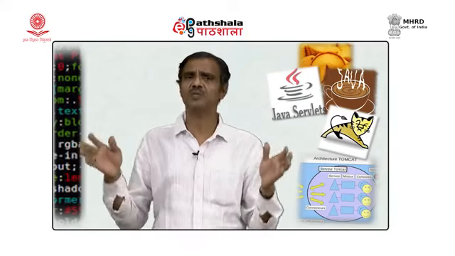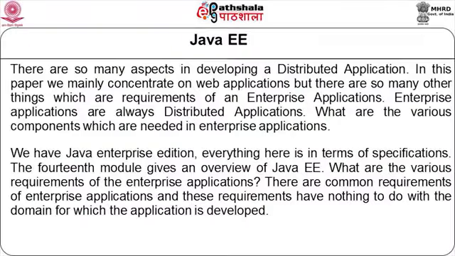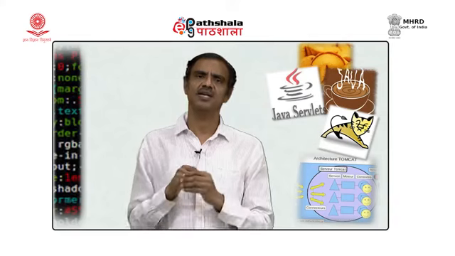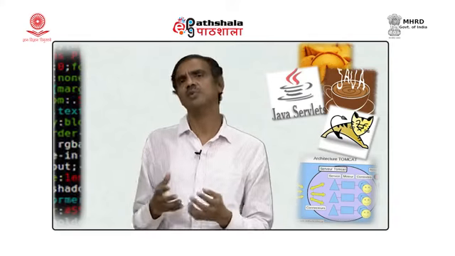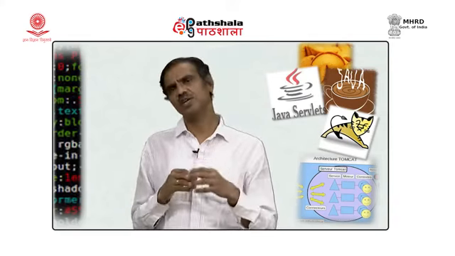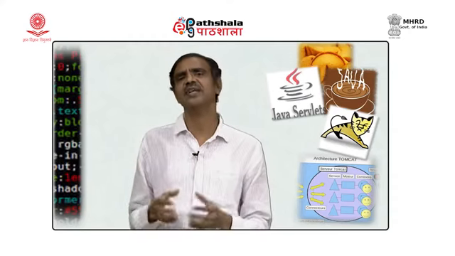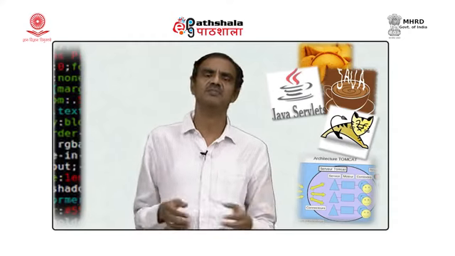There are so many aspects in developing a distributed application, though we concentrate mainly on the web aspect, the web applications. But there are so many other things which are the requirements of any enterprise application. Enterprise applications are always distributed applications, and therefore, what are the various kinds of components needed in an enterprise application?